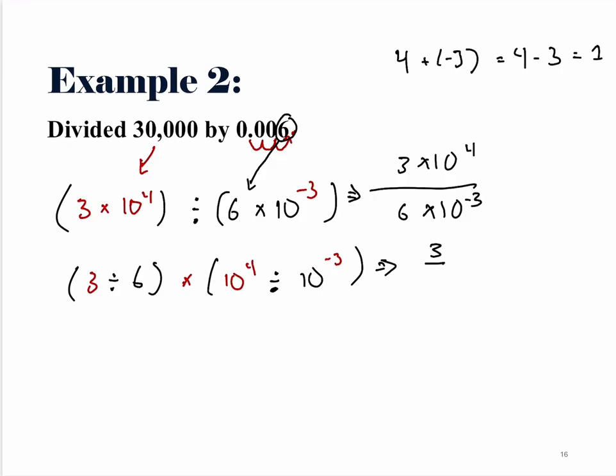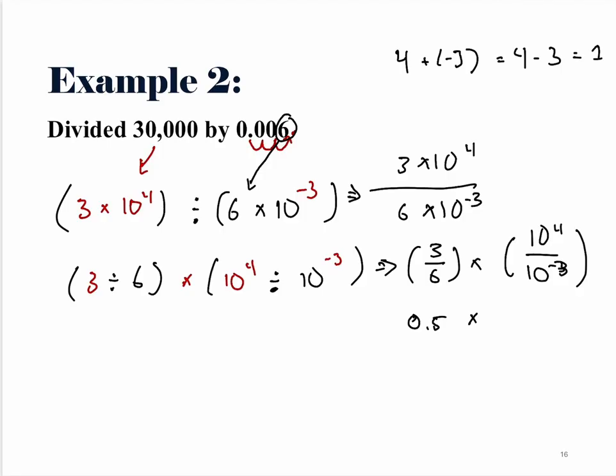So we have 3 divided by 6 times 10 to the 4 over 10 to the minus 3. This is the same thing we did before, just rearranging the parentheses. 3 divided by 6 is what? 0.5.